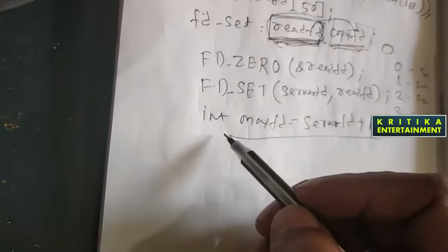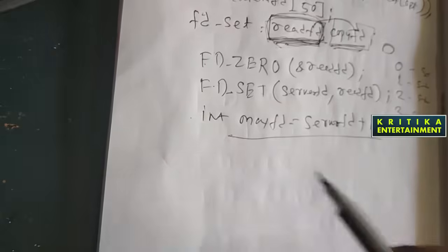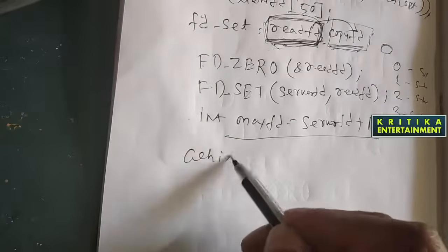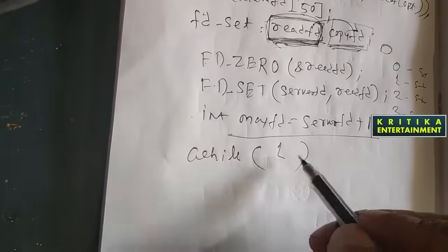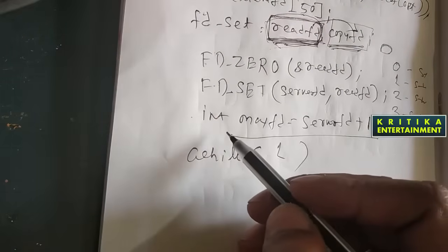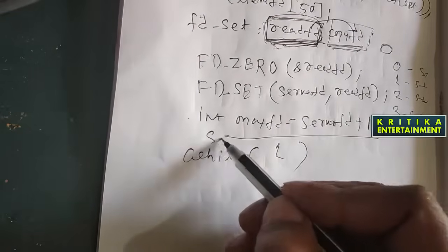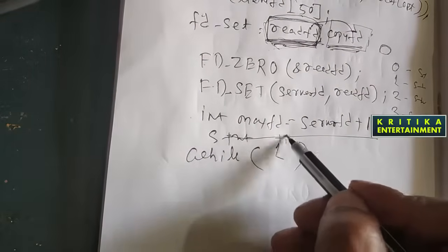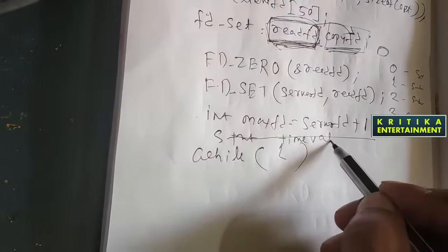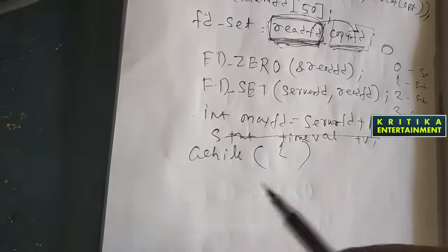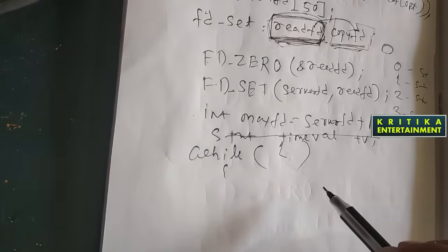Then, in the while loop, I write 1, because I want it infinite, as a number of clients will connect. So here I declare one variable, struct timeval tv. I told you the last parameter in my select is the time.